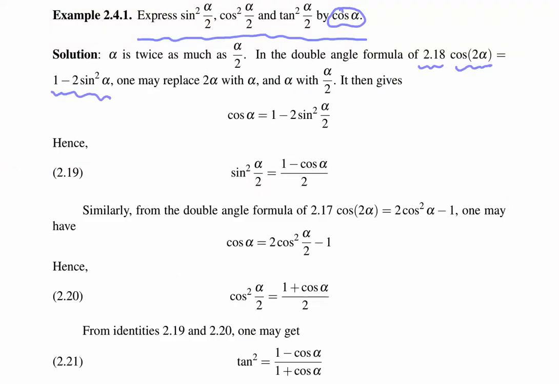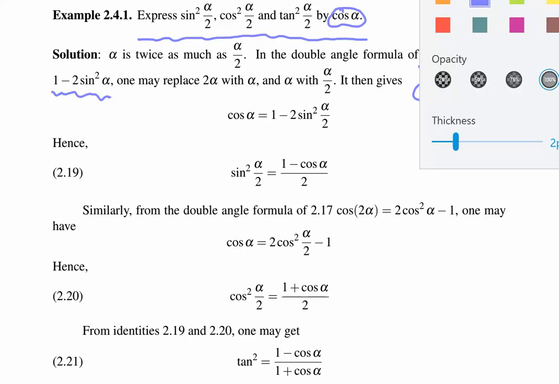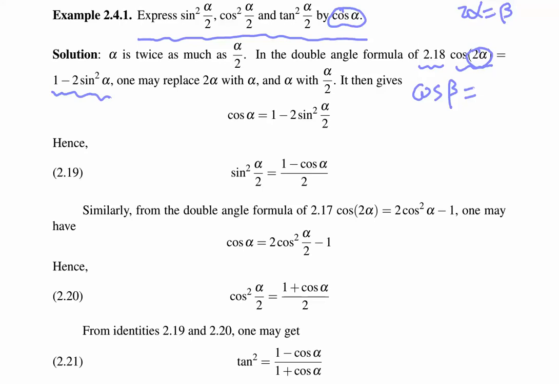If we let 2 alpha equal beta, then you may rewrite cosine 2 alpha as just cosine beta. And then if you divide both sides by 2, what you get is alpha equals beta over 2.